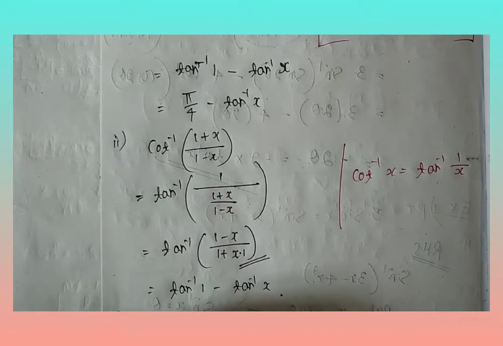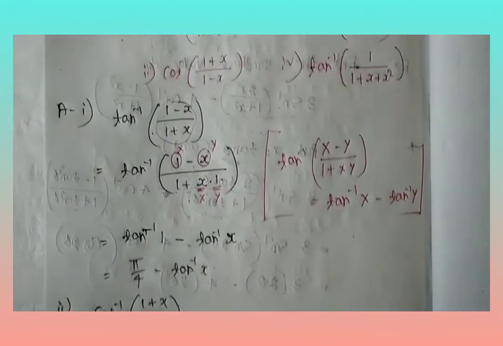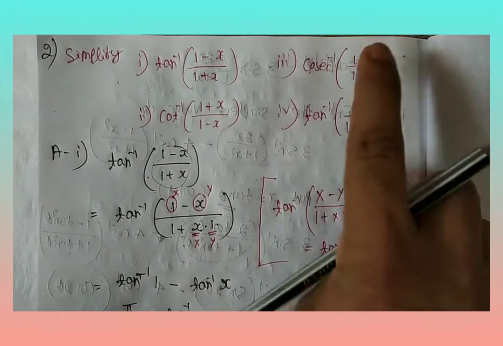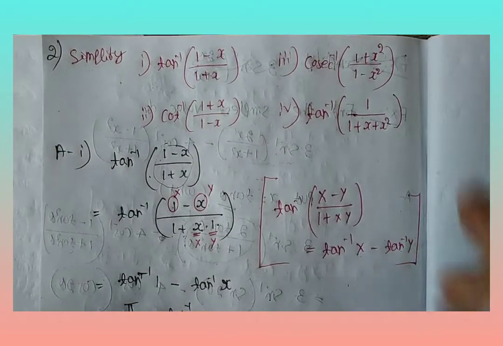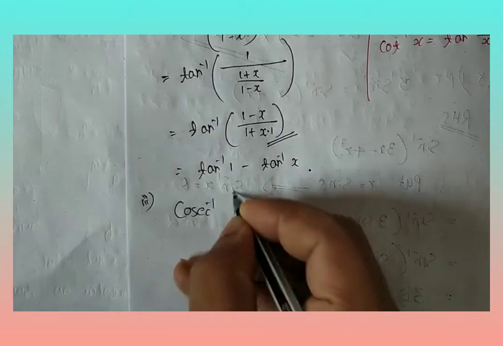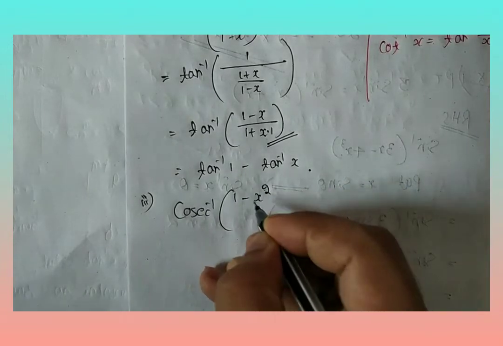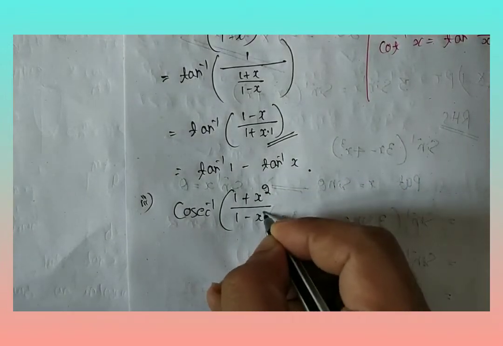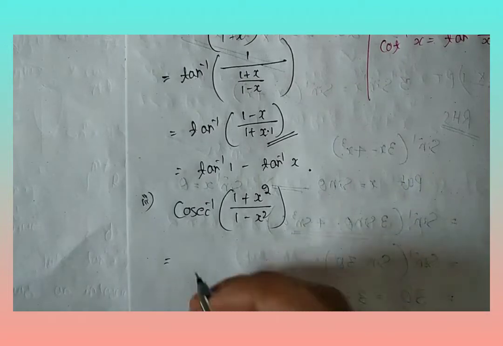Then we come to bit 3. Cosec inverse of (1 plus x square) divided by (1 minus x square). First, convert to sin inverse.